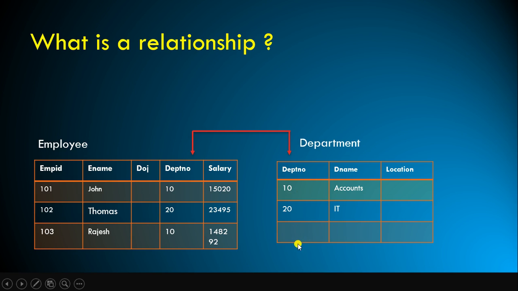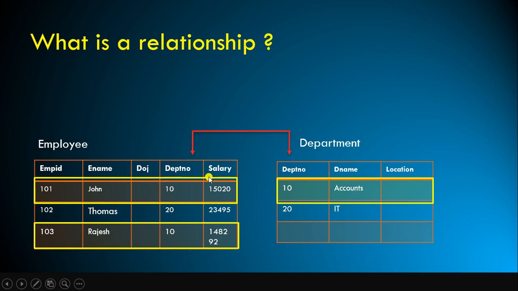So why do we need to create a relationship? To filter the data. Since we have the relationship between these two tables via the department number, let's say in this case, the value of the department number 10 filters the corresponding department number related records from the employee table.